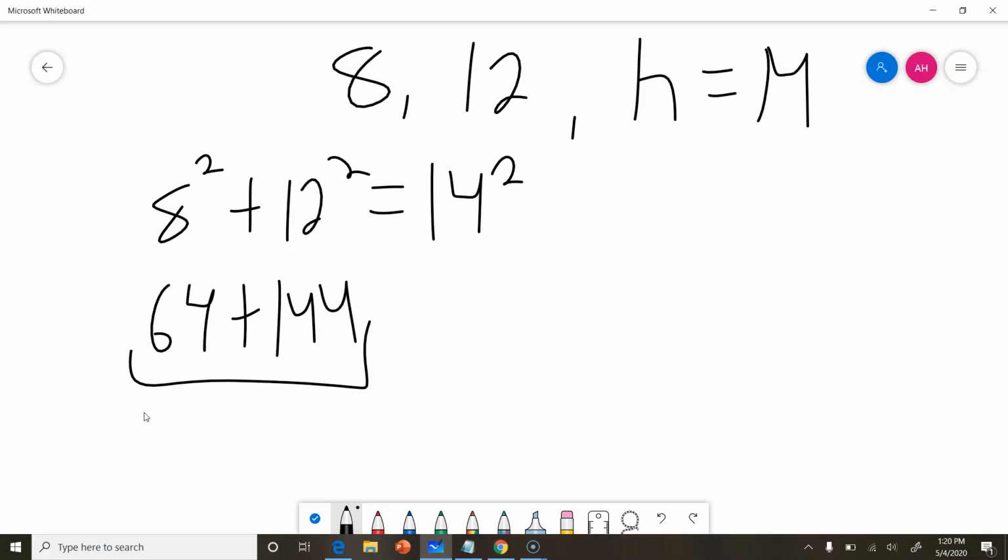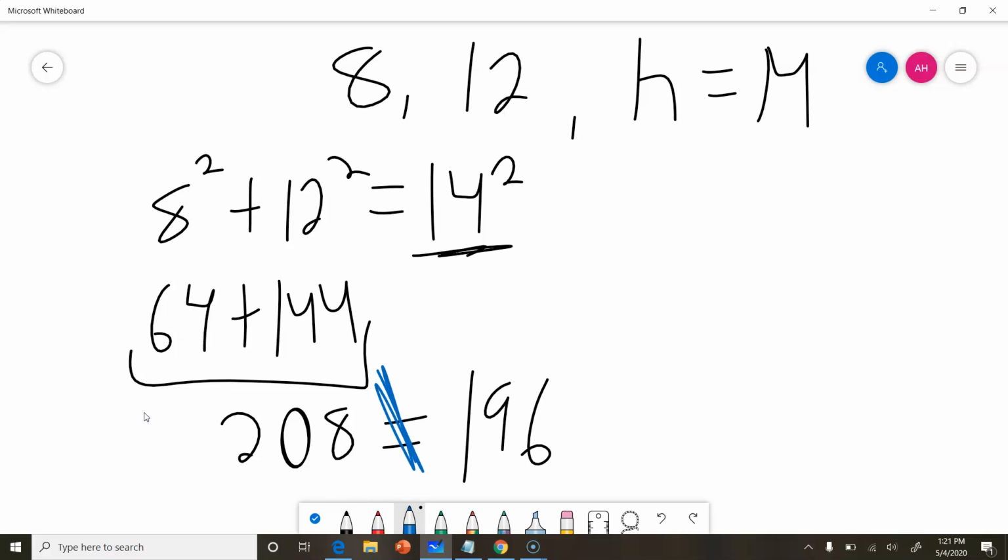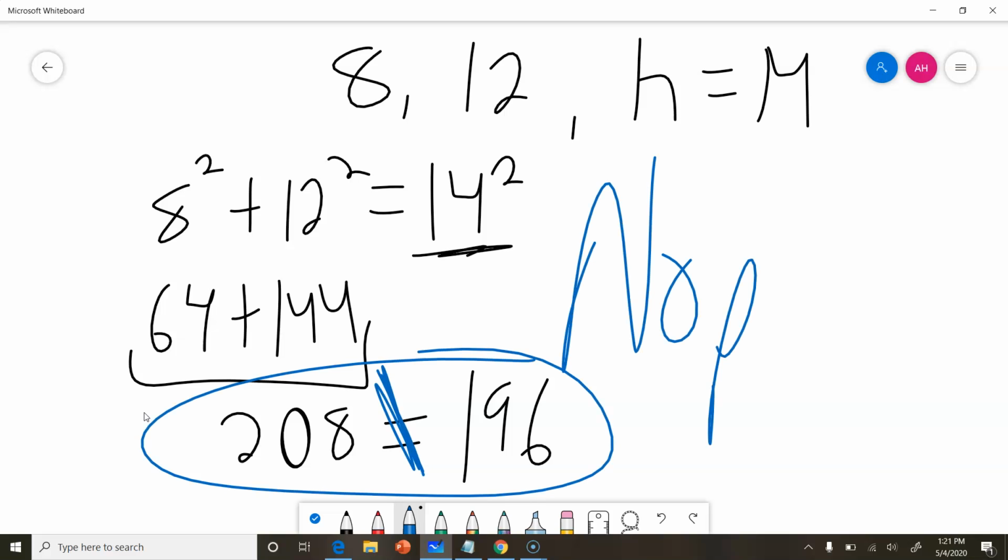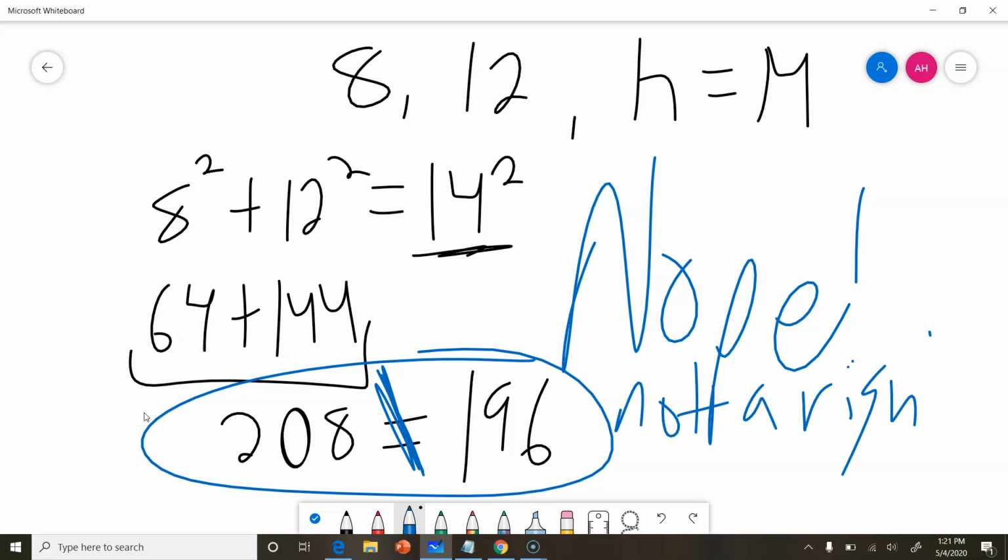I get 64 plus 144 is 208, and I say is 208 equal to what is 14 squared? I punch that in my calculator. 14 squared is 196. Uh-oh. No, it's not equal. So that means nope. Not a right angle. It's an angle, but it's not a right one.